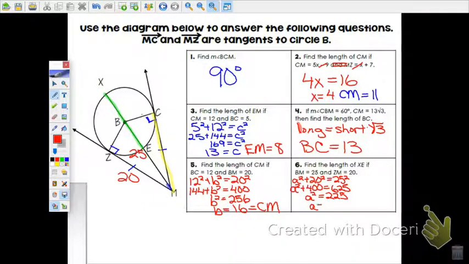So A is equal to 15. So BZ is 15, which means BE is 15, which means BX is 15. So how long is XE? 30. XE is equal to 30.